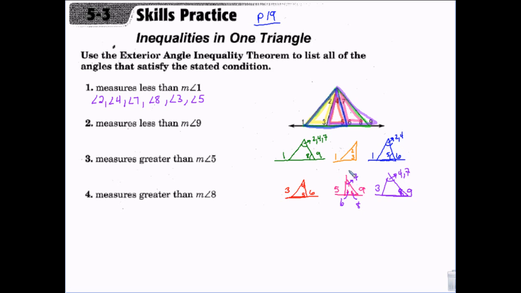Okay, less than angle 9. So we're looking at angle 9 as the exterior, and we're going to look to the 3 triangles here that have angle 9 as an exterior, and you want to go to the other side. So in this one, there is not one. So we just have 2, 4, and 7.